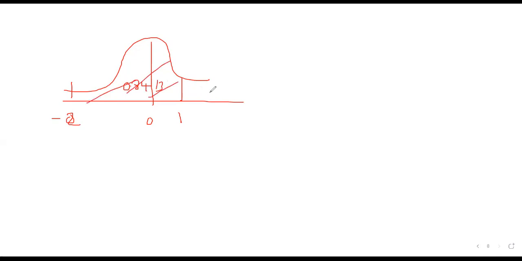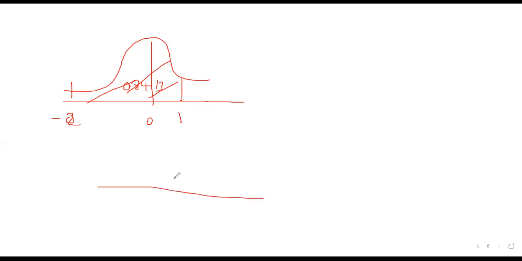How do we find the remaining area? You subtract it from 1 to get the remainder. Why? Because the whole area is 1, 100%.